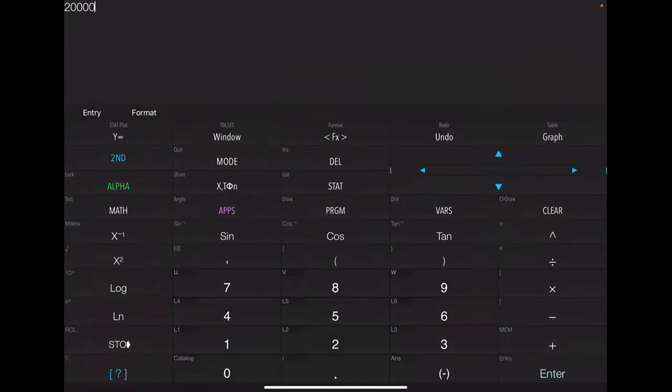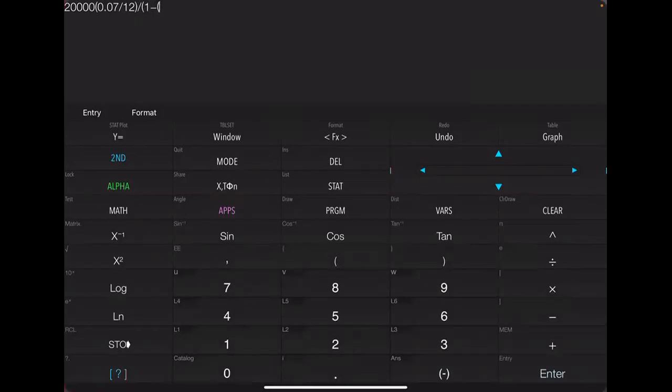That's 20,000 times 0.07 divided by 12. Close the parentheses. Divide by, we need a parentheses. 1 subtract, we need another parentheses.